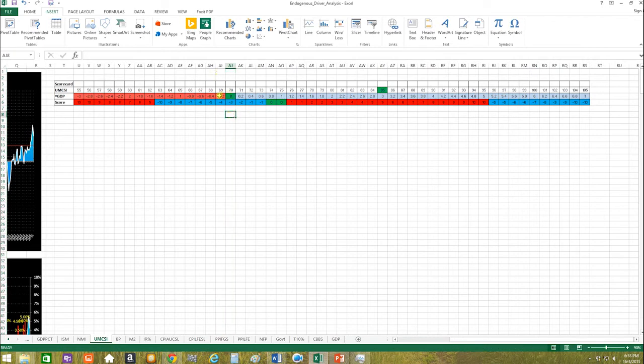And we go all the way down the scale to the lowest levels of the UMCSI recorded. And this is consistent down here. A 55 reading in the UMCSI is consistent with minus 3% GDP growth. And if we go further to the right, so we go above the average, these are obviously higher readings of the UMCSI.